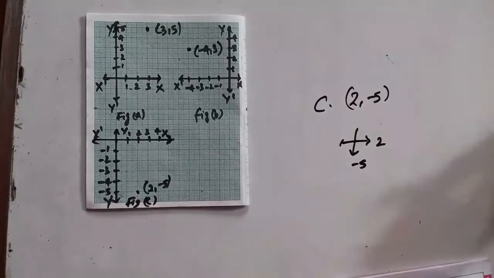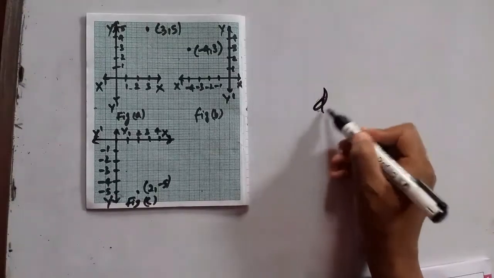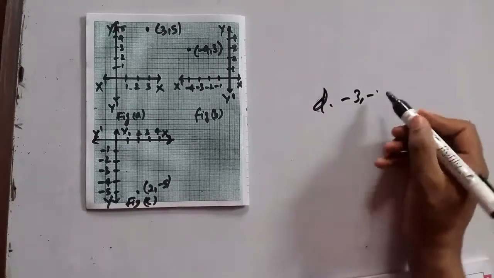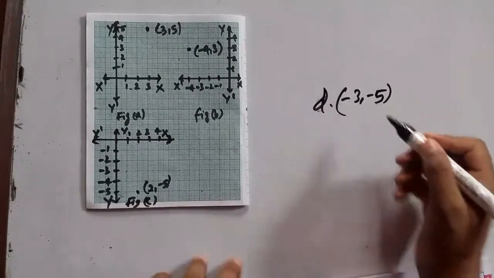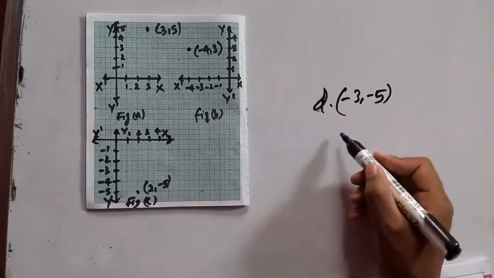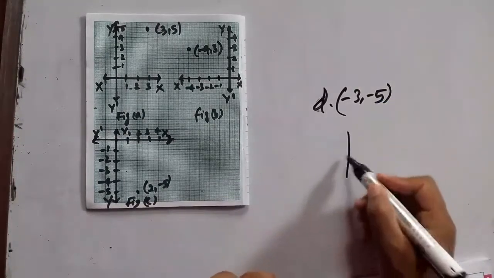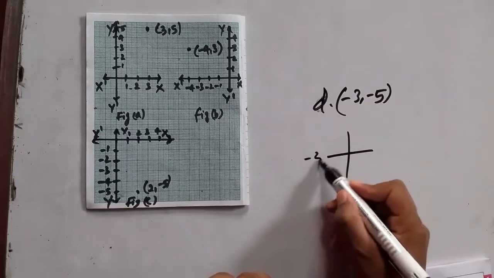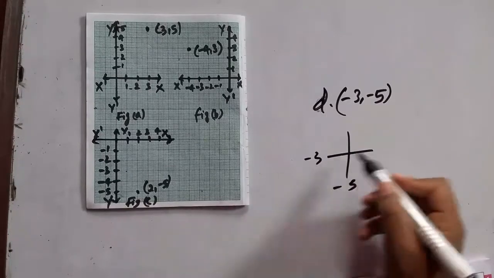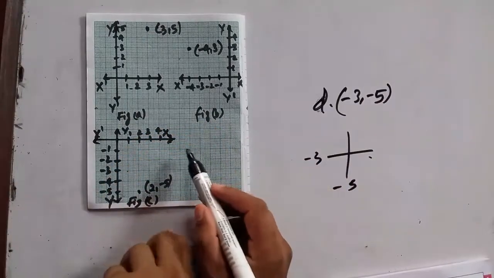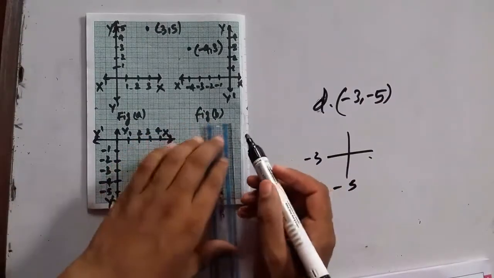The last one remaining is D (-3, -5). For this we need -3 toward this side and -5 toward this side. We don't need these two sides. -3 will be sufficient.